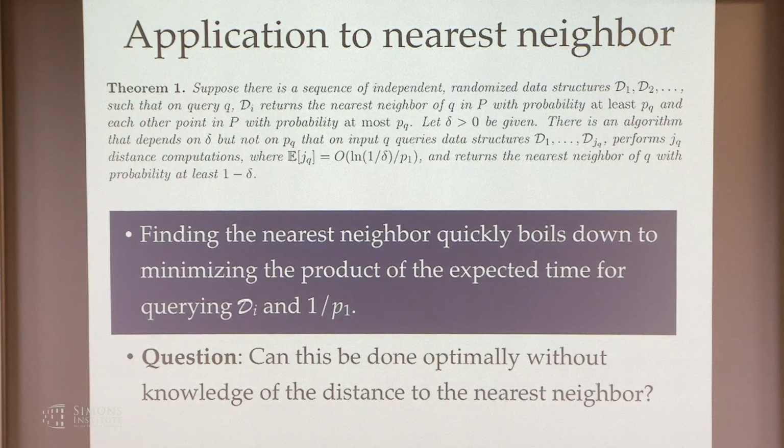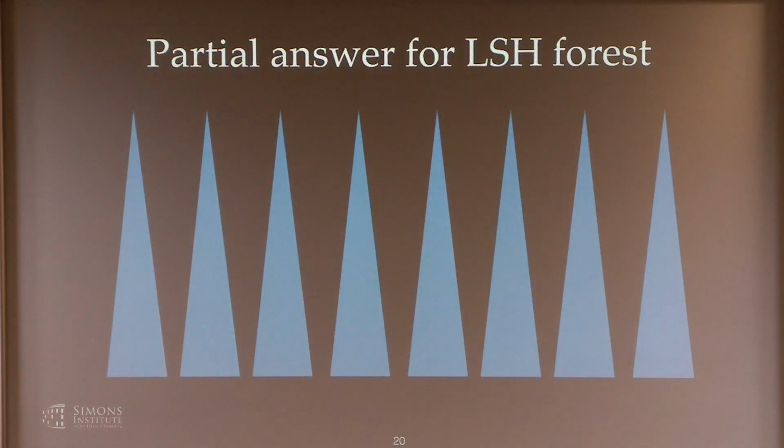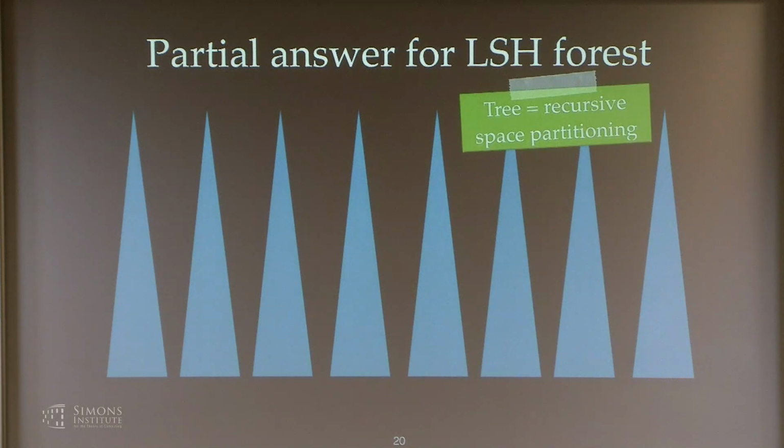So though we didn't find an answer to this general question, we did find a partial answer for a particular LSH data structure called the LSH forest, which is a sequence of space partitionings. Each tree in this forest is a recursive space partitioning, so you get space partitionings at many levels of granularity.